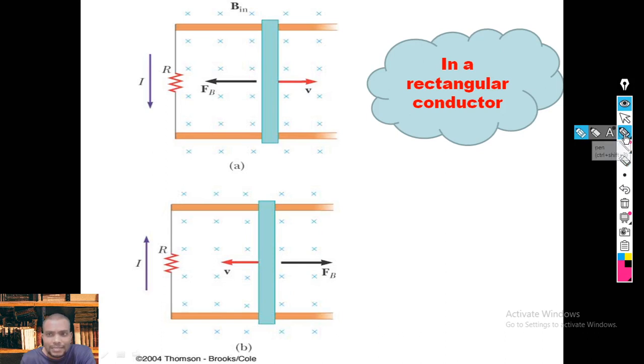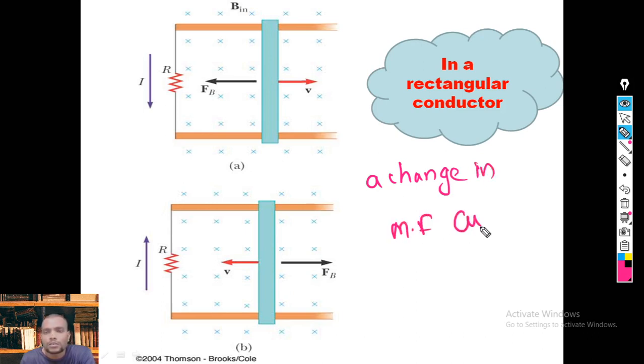Now what did we learn? We learned that a change in the magnetic flux causes current. Okay, so when I move this conducting rod, if I call this AB, if I move the conducting rod towards the right side, then as this conducting rod moves, if you can see, there is a change in the magnetic flux.